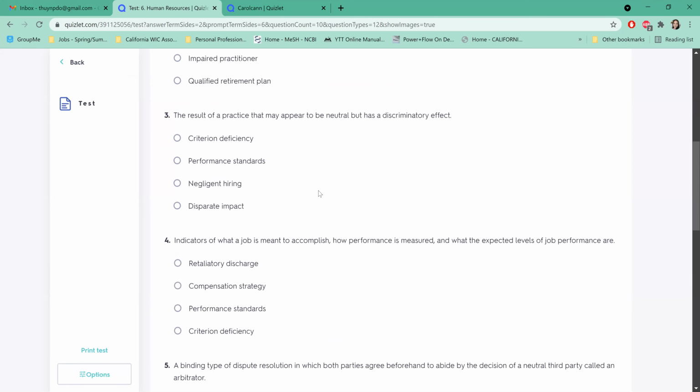Number 3, the result of a practice that may appear to be neutral but has a discriminatory effect. Is it A, criterion deficiency, B, performance standards, C, negligent hiring, or D, disparate impact? D, delta.